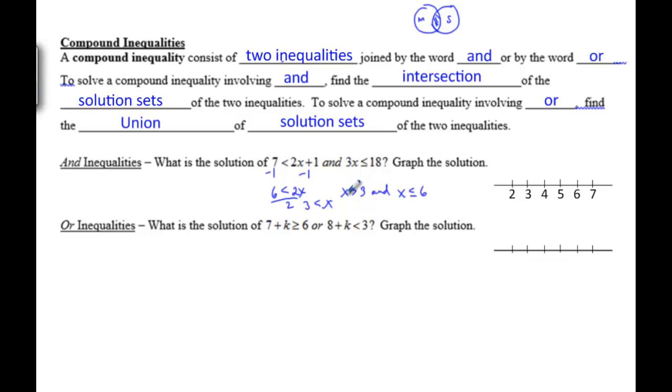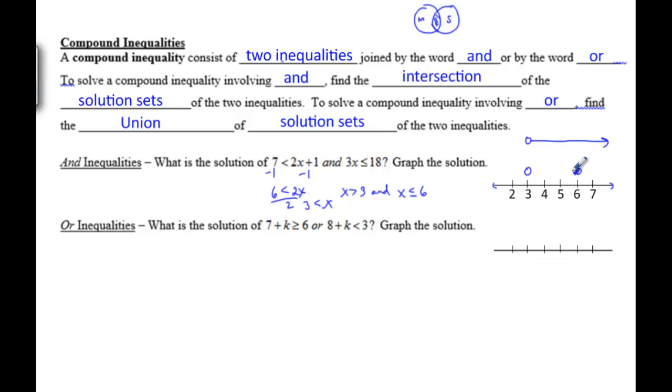We have an open circle here, closed circle here. So if I go to 3, open circle. If we go to 6, closed circle. Another way to think about it: I have an open circle at 3, and I want all the numbers greater than 3, so I shade this way.